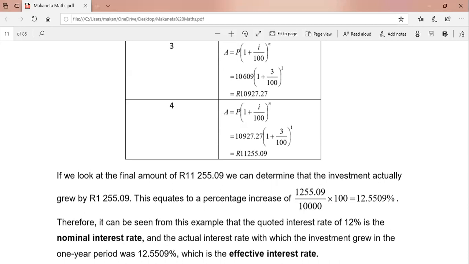And by the way, there is a relationship between the nominal interest rate and the effective interest rate, as will be demonstrated by the formula that I'm going to show you in the next slide, where you can be given a nominal interest rate and be asked to calculate the effective interest rate.